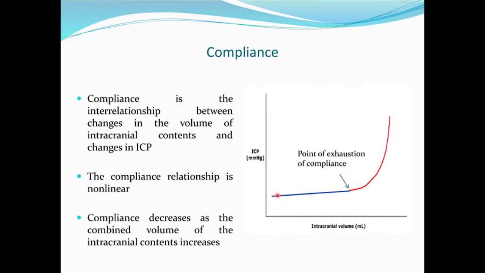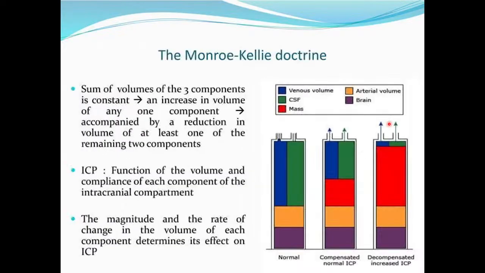So, with increase in ICP, there is a sudden shoot up, which leads to the shift of the CSF for the autonomic balance. Compliance decreases as the combined volume of the intracranial content increases. So, this is the Monro-Kellie hypothesis. You are very versed from that.